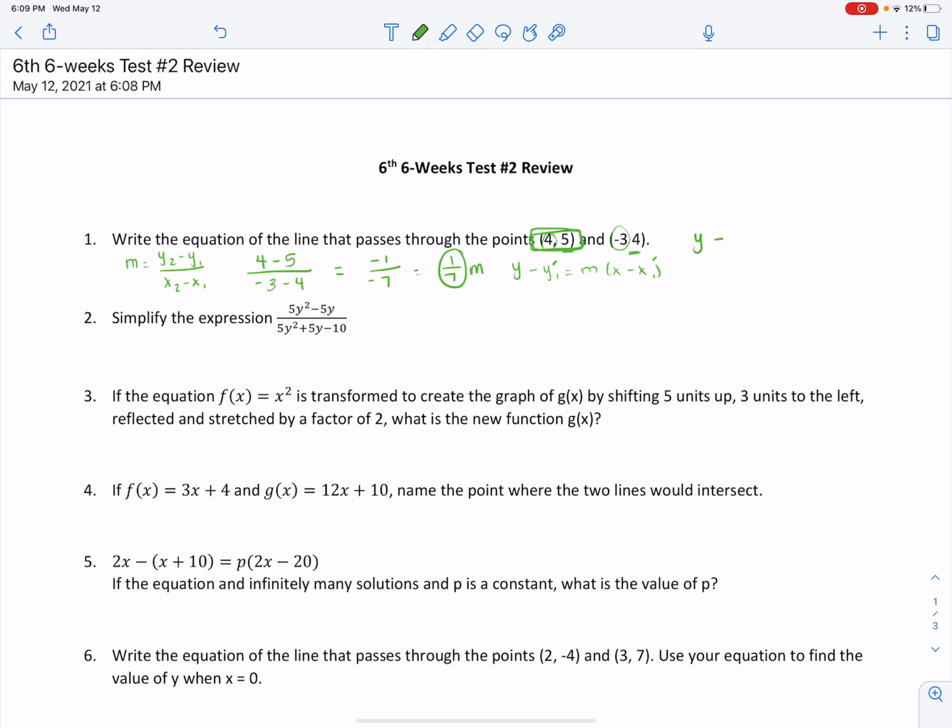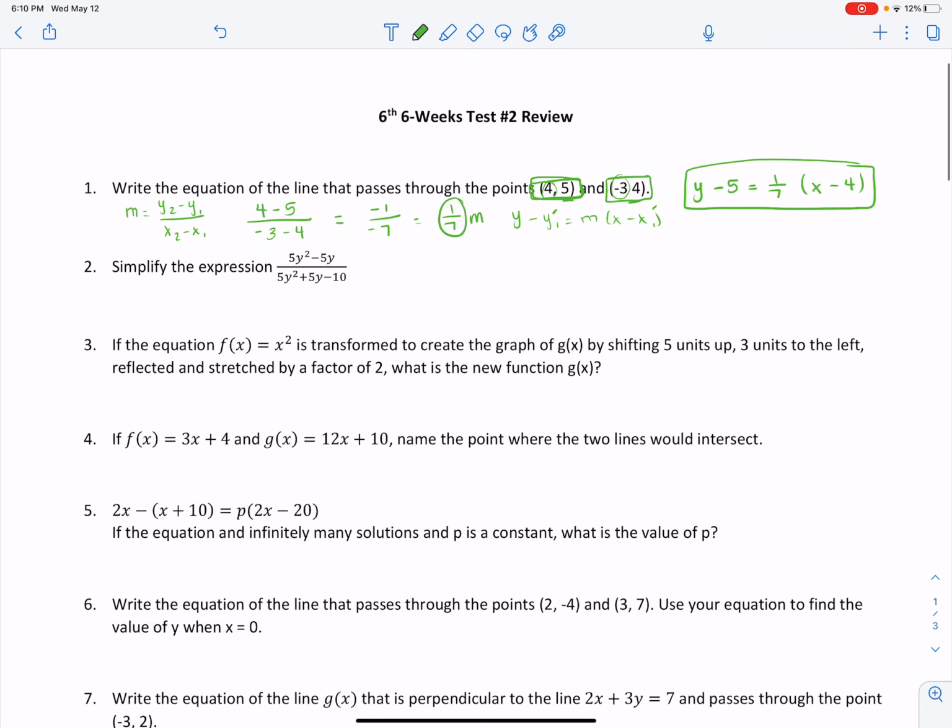So I'm going to write y minus 5, because that's the first y value, equals 1/7, the slope, times x minus 4. Now, if this is the equation you write and it's a multiple choice test, but you don't see that, then maybe I wrote it with this point instead. So just keep that in mind. You can write the same line multiple different ways.